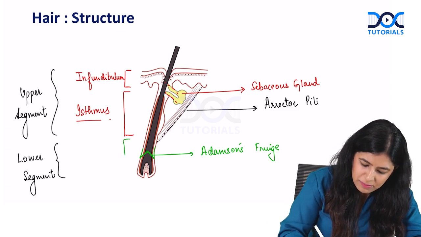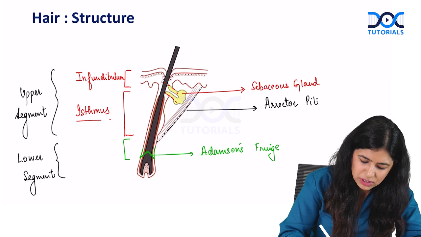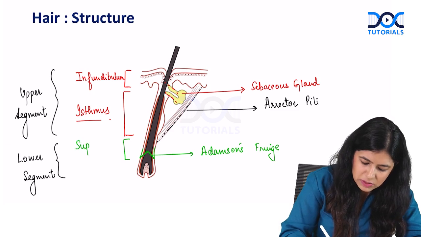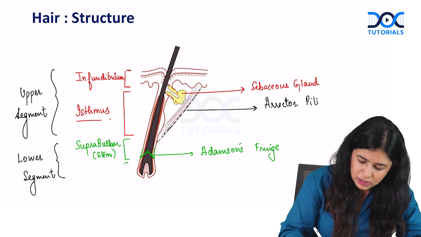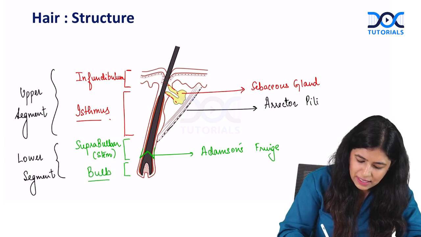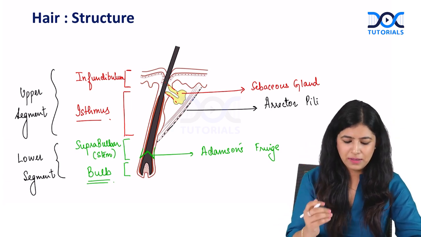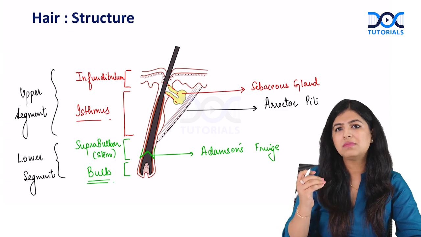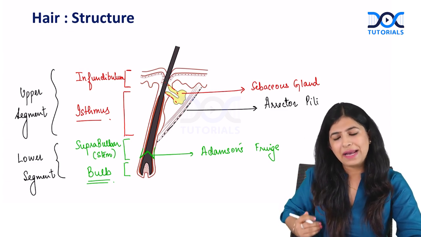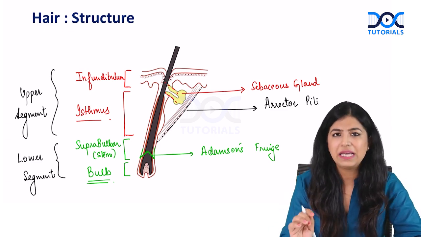From the insertion of the muscle till the Adamson's fringe, we have the suprabulbar area of the hair, also called the stem. And below it, you see this rounded structure. This is called the hair bulb. Okay, so upper segment, lower segment, infundibulum, isthmus, suprabulbar and the bulbar part of the hair.